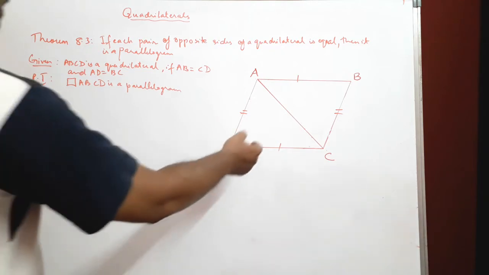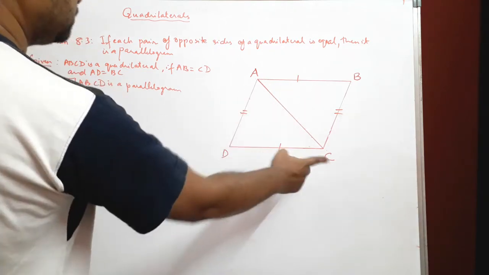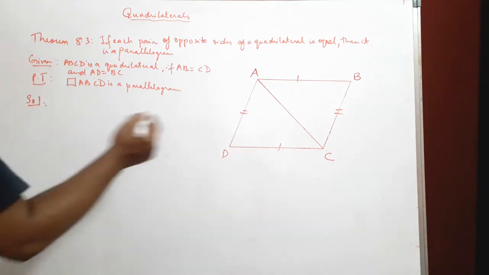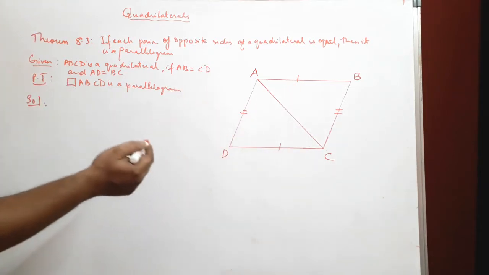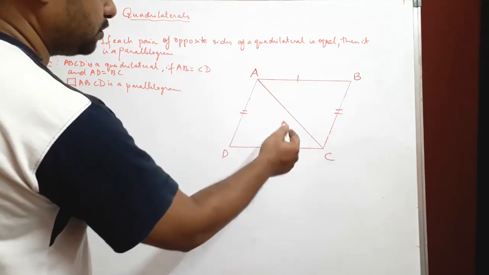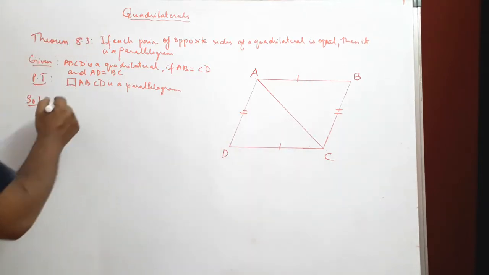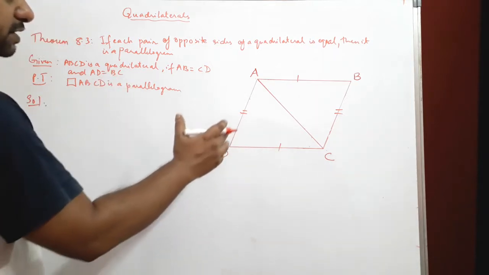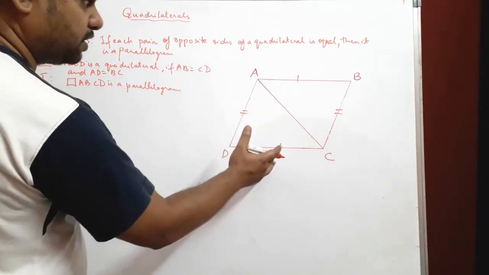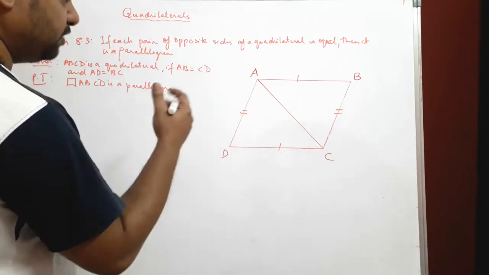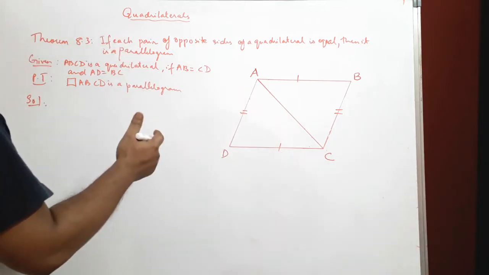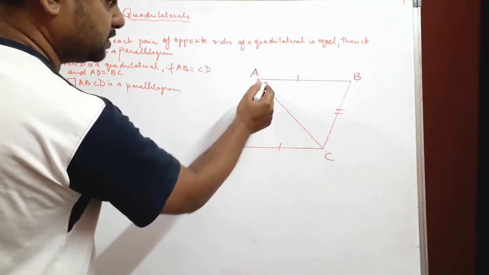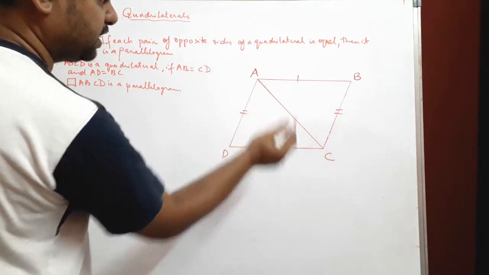We have been given that AB is equal to CD and AD is equal to BC. We need to prove that this is a parallelogram. So we begin with what we have been given, and in order to prove that this is a parallelogram, it is enough if we can prove that the alternate angles are equal.